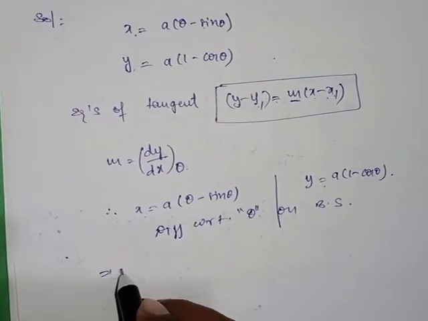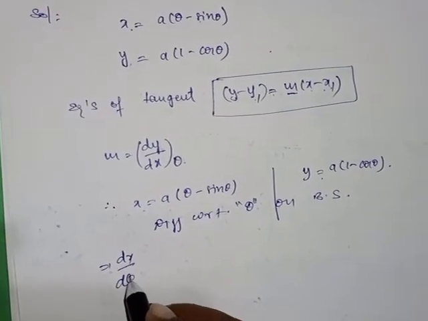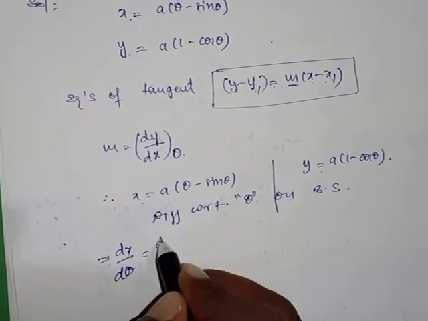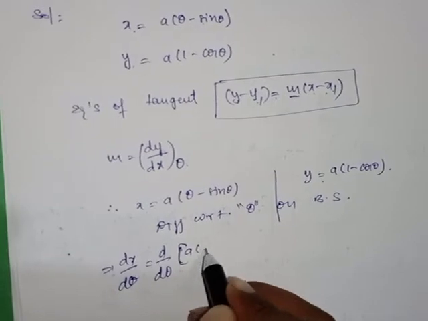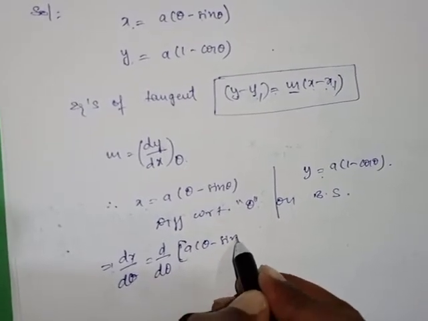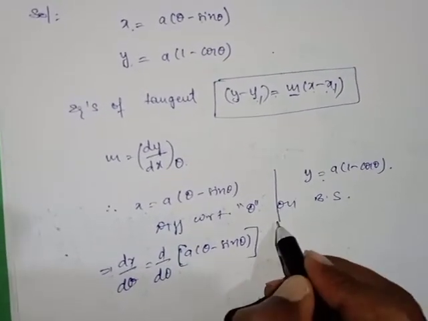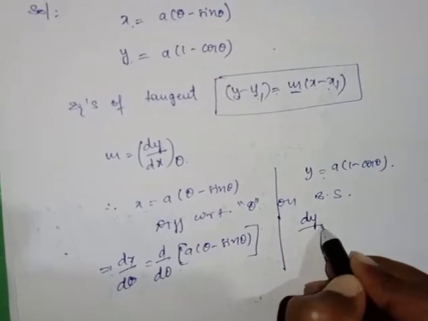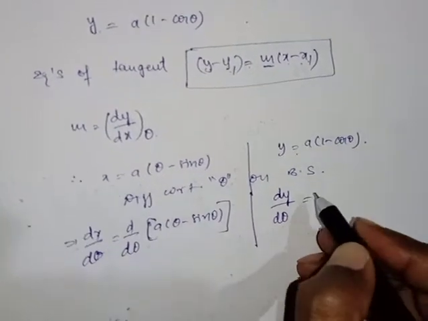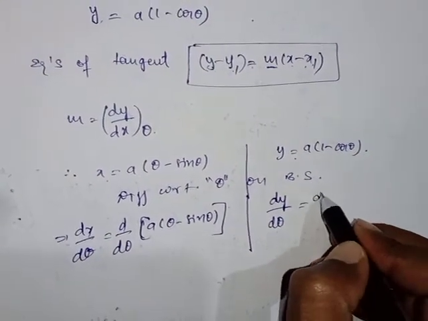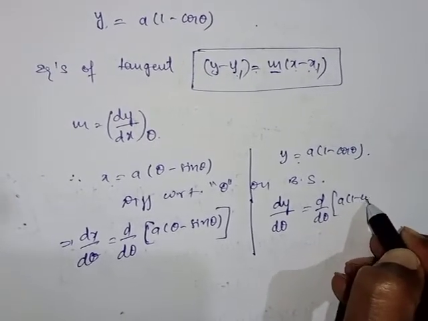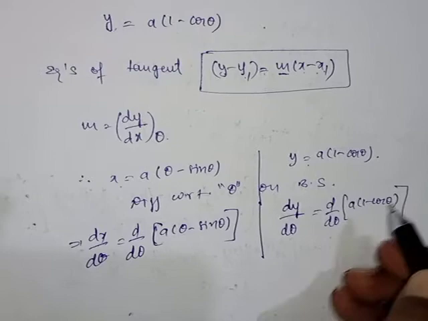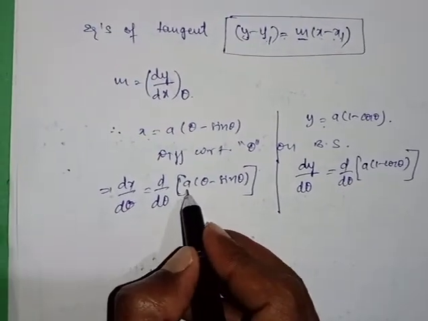Here dx/dθ = d/dθ of a(θ − sin θ) and dy/dθ = d/dθ of a(1 − cos θ). Here a is constant, take it outside.